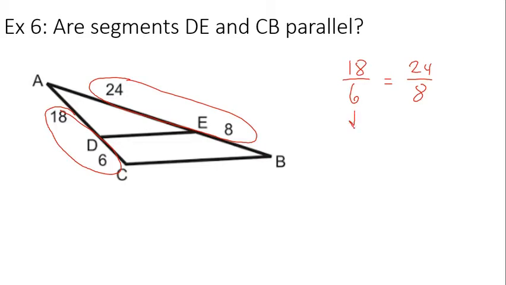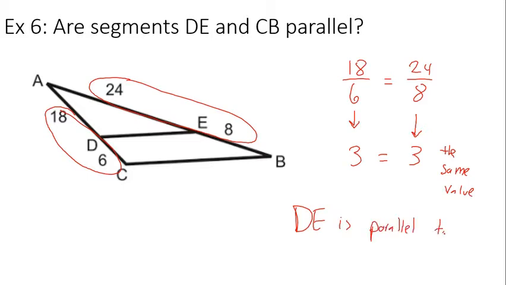So 18 divided by 6 gives me 3. 24 divided by 8 gives me 3. So because they're the same value, I'm going to say DE is parallel to CB.